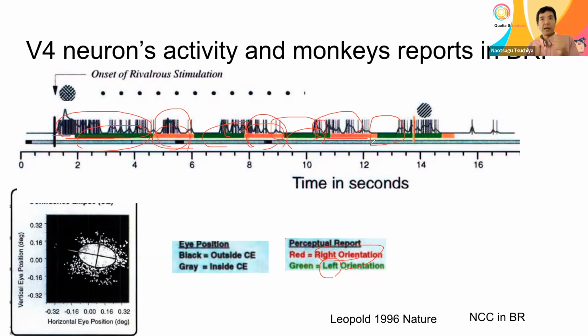If you assume there is some 500 milliseconds or 1 second of delay between the change of the percept and the button or lever press, then this is indicative of the neural correlate of this right orientation here. The stimulus is the same, but the percept is changing, and the report goes with the percept change, and the neuron goes with the report, not the stimulus itself.